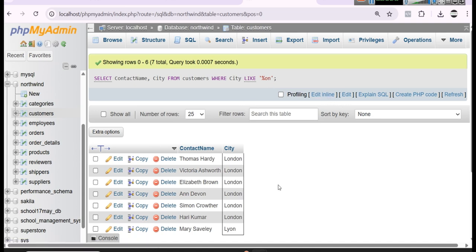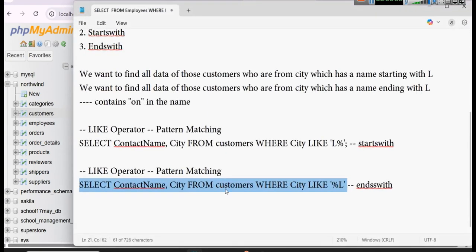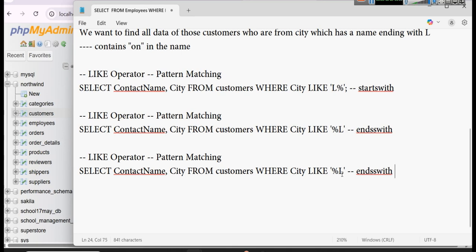Okay. So these are the two questions. Now the third question is: contains ON in the name. So if it asks that it contains ON somewhere, for that condition, how will you write? You are going to write percentage in the starting, percentage at the end, and then in between you will write ON.